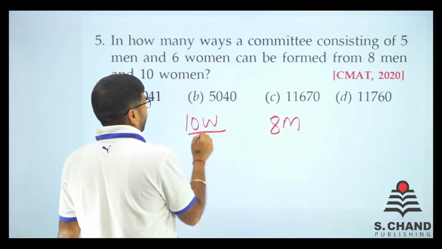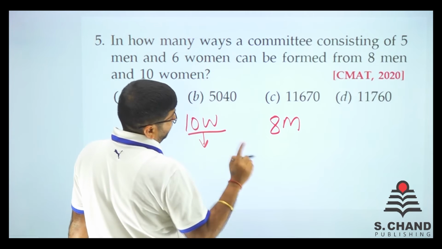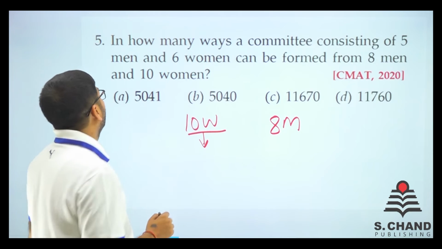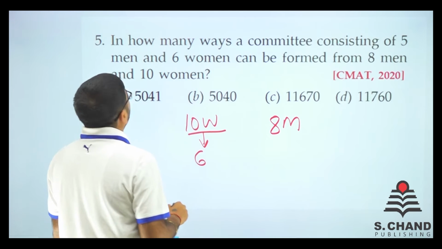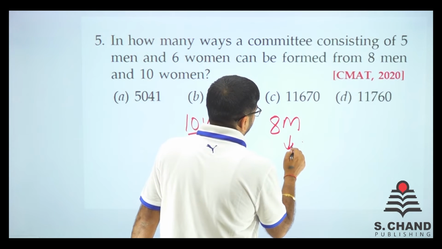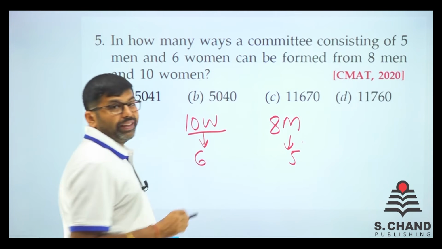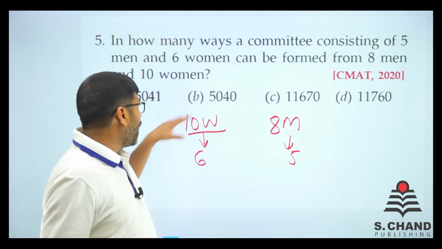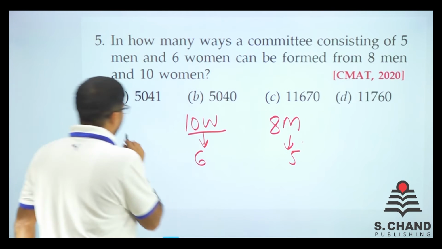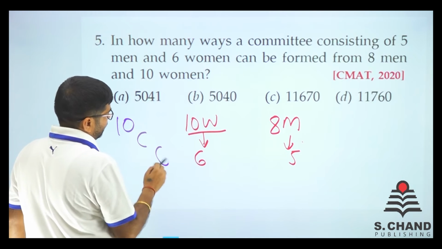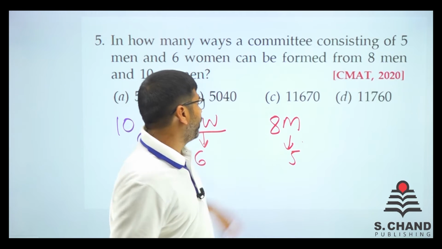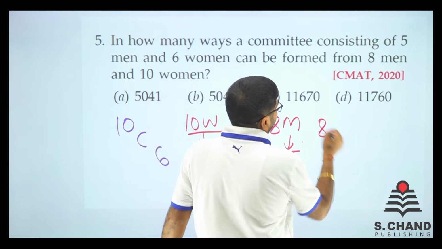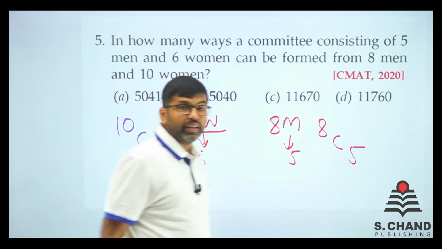Out of 10 women, you need to select, not arrange, select 6 women, and men are 5, right? So taking 6 women out of 10, you remember 10 C6, and taking 5 out of 8 will be 8 C5. Yes, it is.